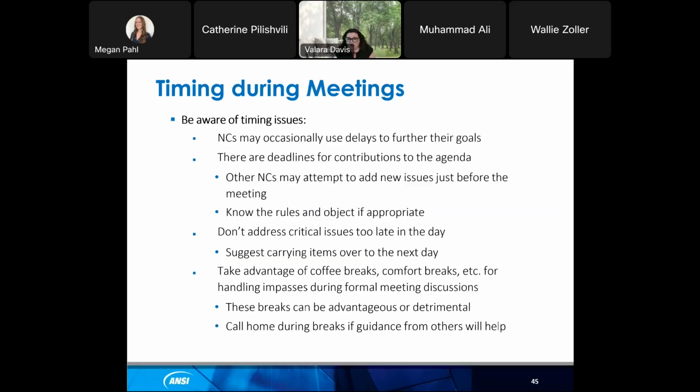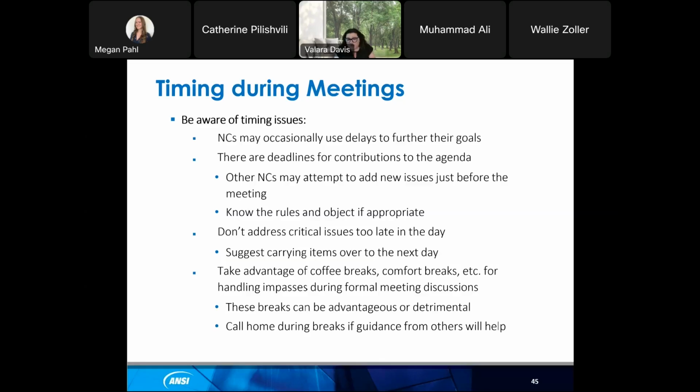So make sure that you're understanding the timing within the meeting so that we're not addressing critical issues really late in the day. If you have an issue that you want to present, you don't want to wait until the end of the day when maybe there's fatigue or you're rushing through your presentation. You can always ask the chair or secretary if you can carry that item over to the next day.